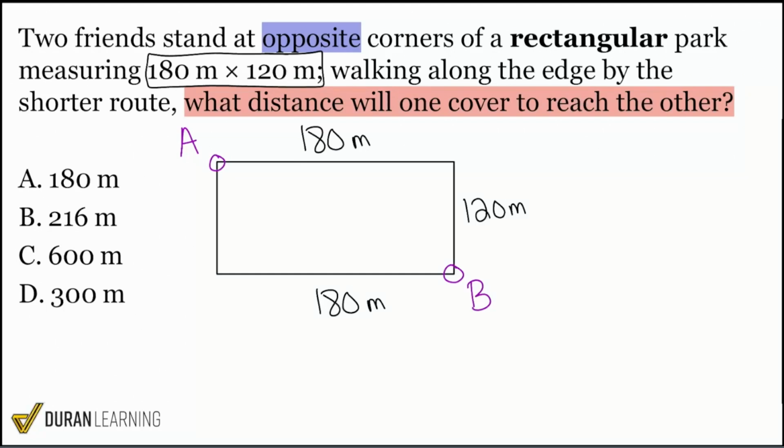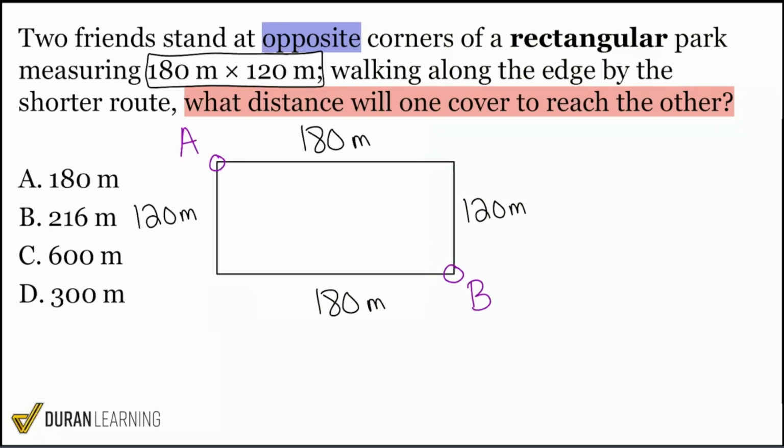If it's 120 over here on the right, it's 120 there on the left. It's the same exact. And it doesn't matter if you put friend A over here and friend B over there. As long as it's opposite corners, you can't be wrong. As long as you follow the directions, follow the setting that has been given to you, you're good. There's a million different ways to set it up. As long as you're following the rules, you are good.